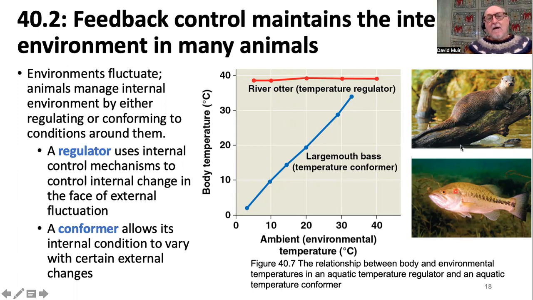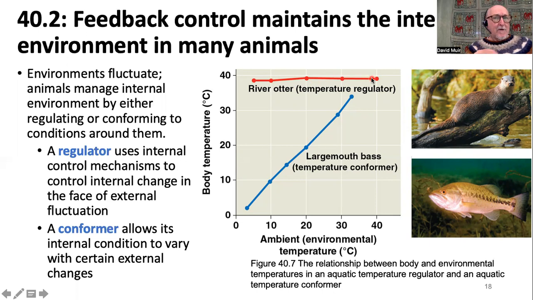So they are subject to somewhat similar environmental pressures, especially as far as temperature is concerned. But the otter is able to generate its own heat. It is able to internally generate and shepherd its temperature to maintain a relatively constant body temperature.